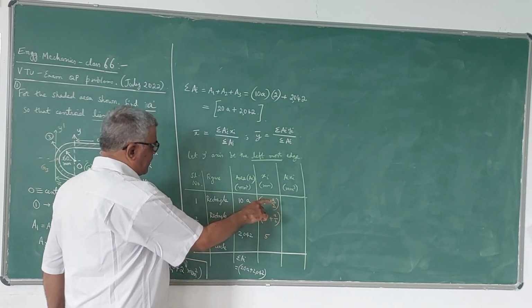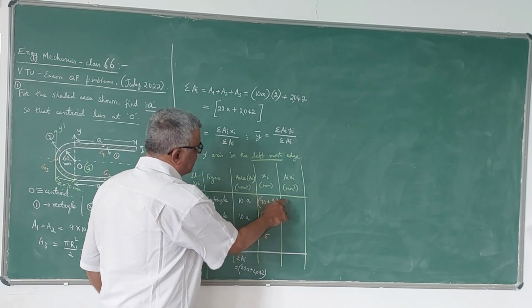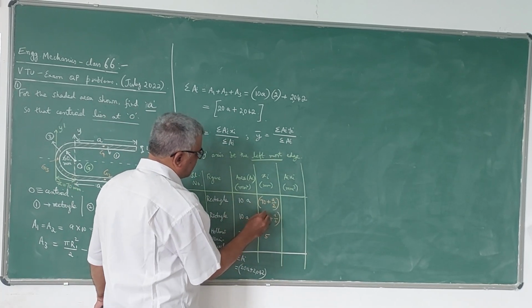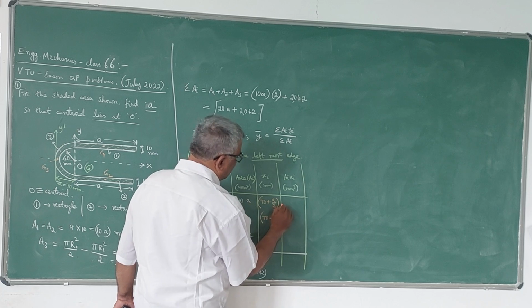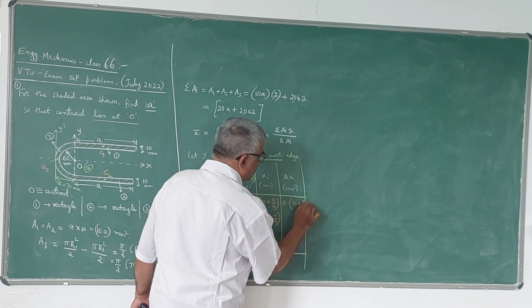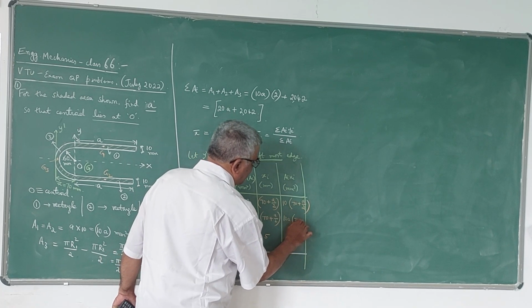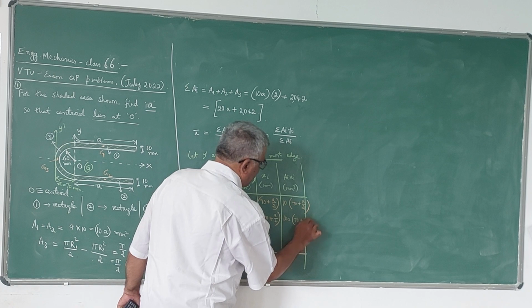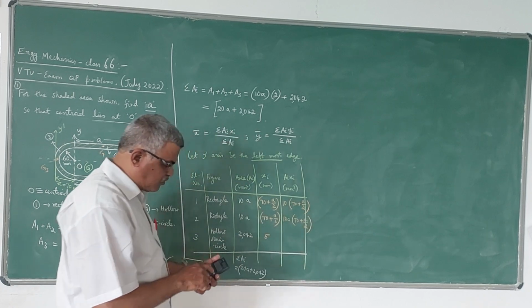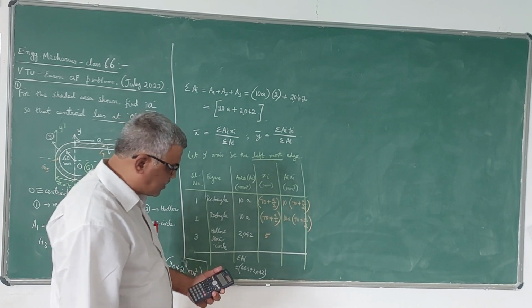Now multiply these two things, ai into xi, and write the value here. So it becomes 10a into 70 plus a by 2. This is also the same, 10a into 70 plus a by 2. The third one is 2042 into 5, so this value is 10210.